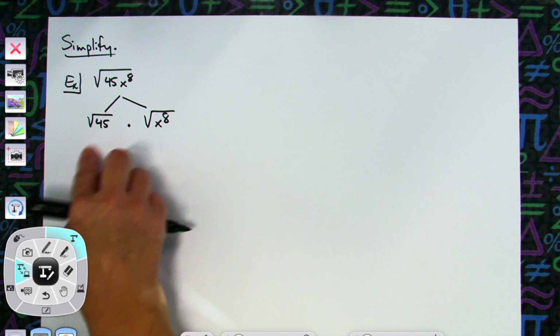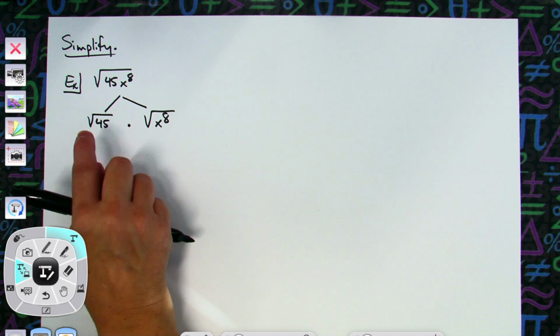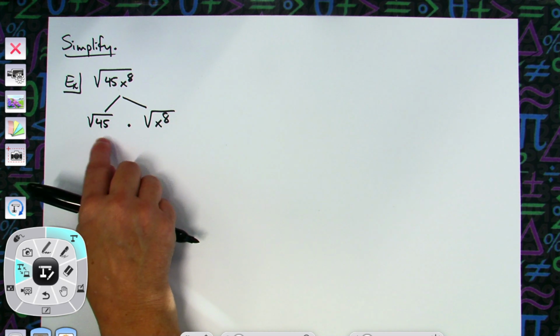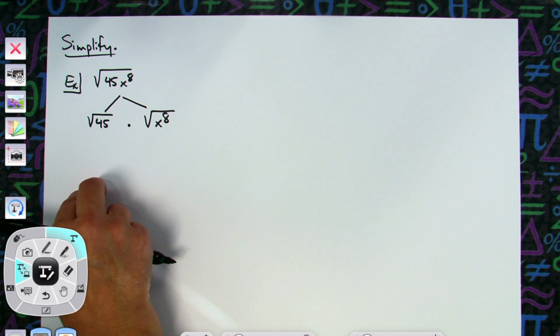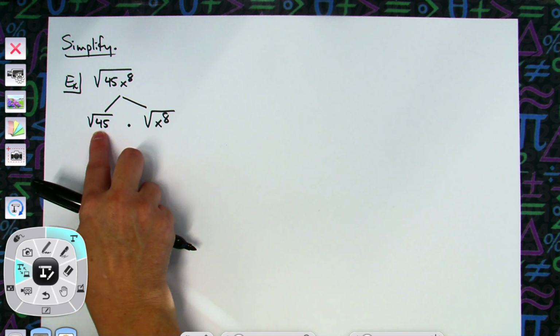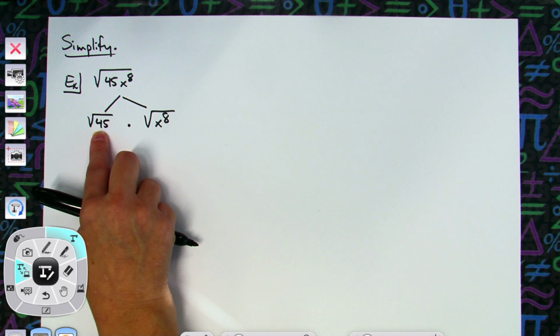Again, if you pick the biggest perfect square root that goes into 45, your tree over here is going to be very, very small. So you're looking for numbers that are squared. So I would try to put 4. Does 4 go into 45? It does not. That's 2 times 2. 3 times 3 is 9. Does 9 go into 45? Yes. The next one would be 4 times 4, which is 16.